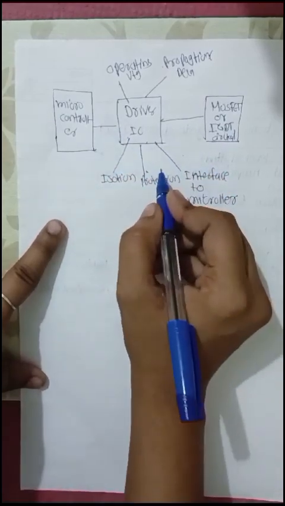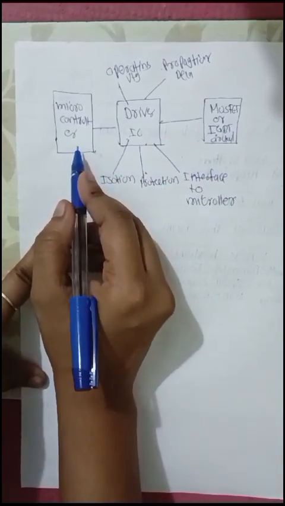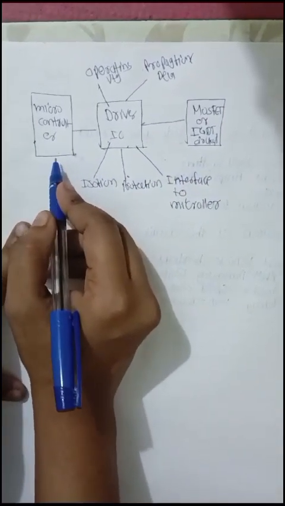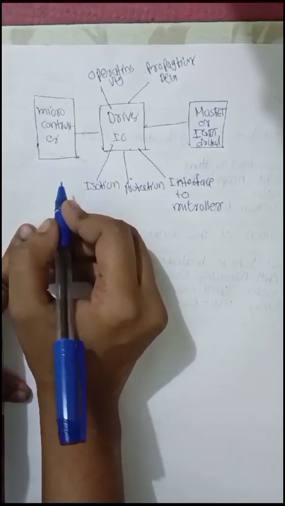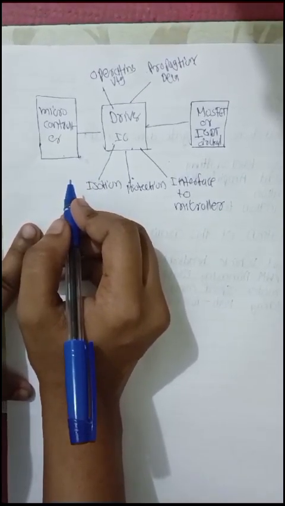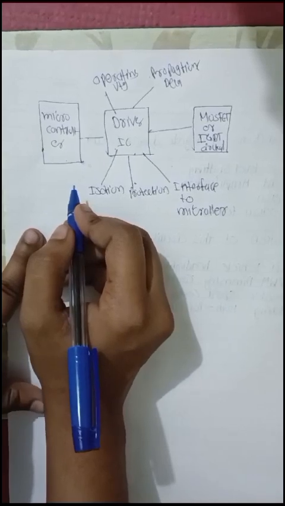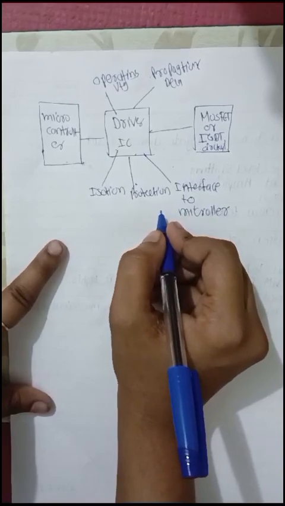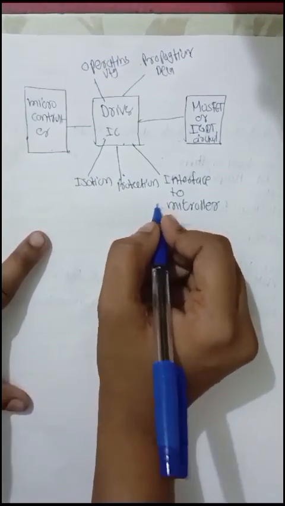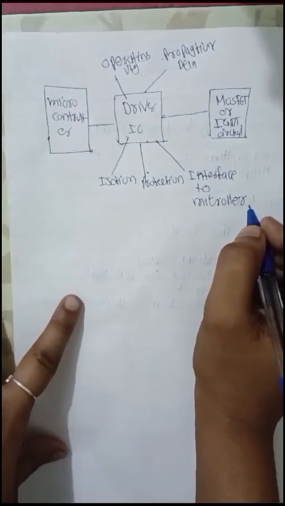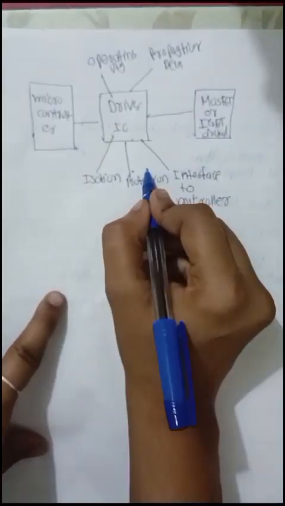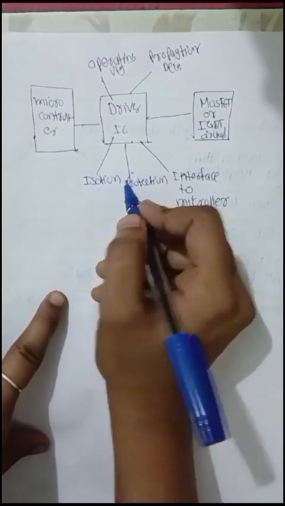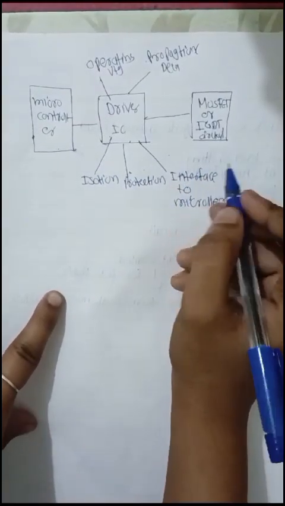Another important point is that from the microcontroller, it could be a GPIO that drives the driver IC, or the driver IC might have a serial interface like SPI or I2C, where the microcontroller configures the driver, so that the driver produces the output. So it depends on how you design the interface.